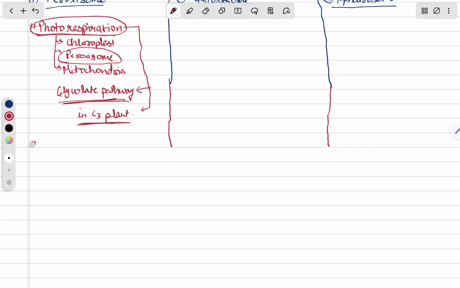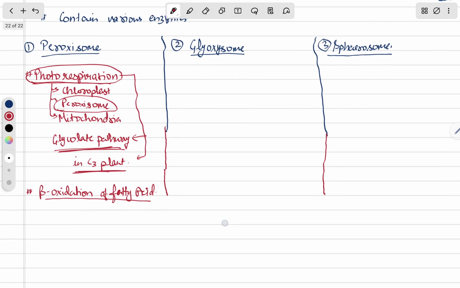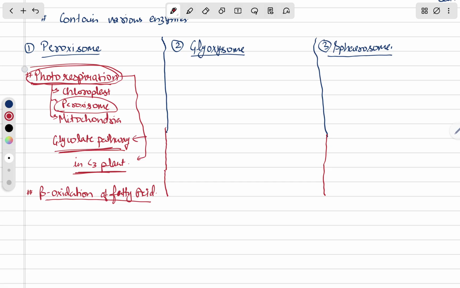It is also involved in beta oxidation of fatty acid. It is not very important for NEET, but you have to remember that it is involved in photorespiration, because you will learn this topic in detail in photosynthesis, right?